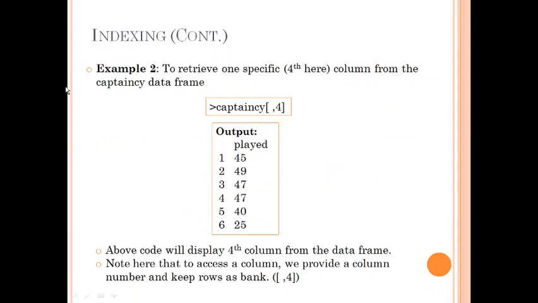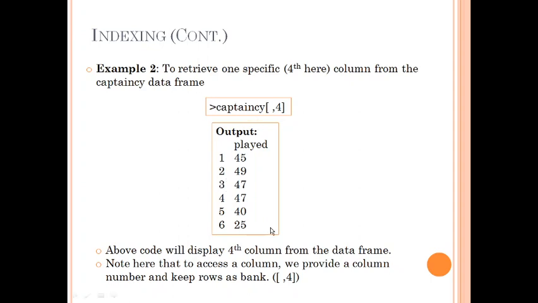Moving forward, if we want to extract a specific column using numerical indexing, we can do it by providing the data frame name and inside brackets the column number. Here we have intentionally kept the row number blank because we don't want a specific row but the entire column.